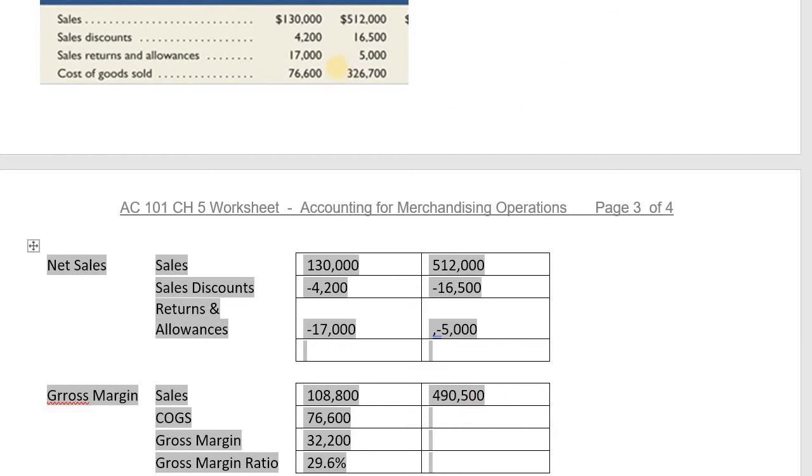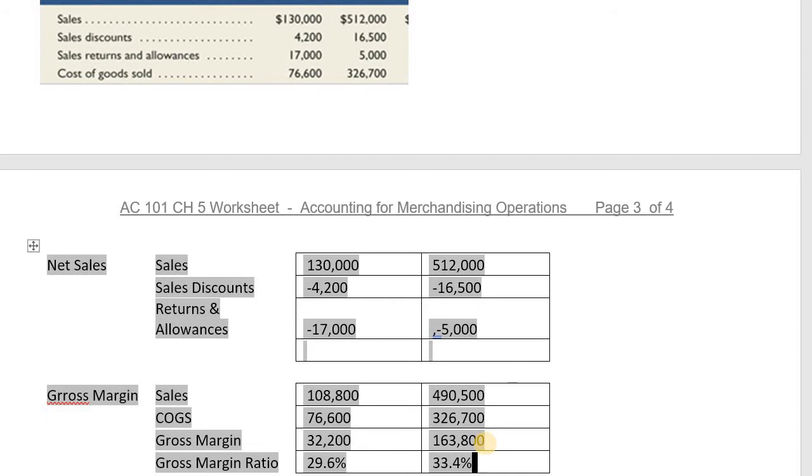Our cost of goods sold was $326,700. So our gross margin must be $163,800. Subtracting, taking our $512 sales less our $326 cost of goods sold, gives us gross margin of $163, and our gross margin ratio is the $163 divided by the $512, or 33.4%.